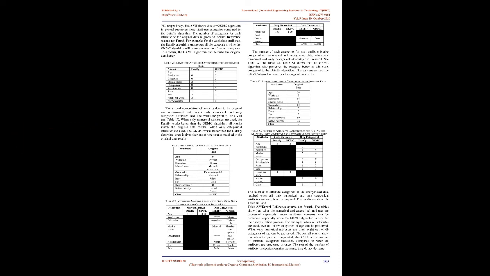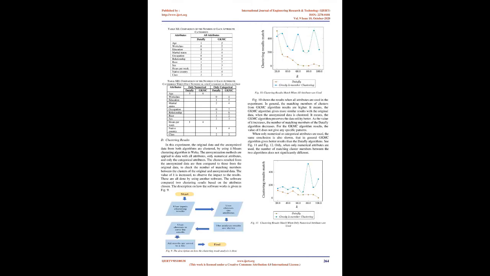The number of categories for each attribute of the original data is given in the reference. For example, for the work class attribute, the Datafly algorithm suppresses all the categories, while the GKMC algorithm still preserves 2 out of 7 categories. This means the GKMC algorithm can describe the original data better.